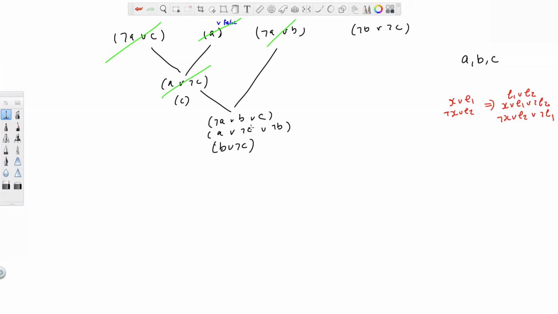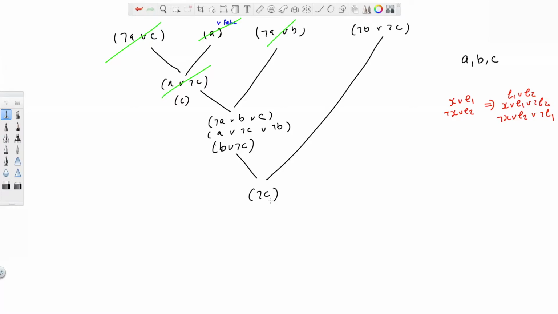And now I will move to B. We have two more steps here. I'm going to go ahead and resolve this guy and this guy on B. And in that case, the resolvent will be not C, and both compensation clauses end up trivializing.